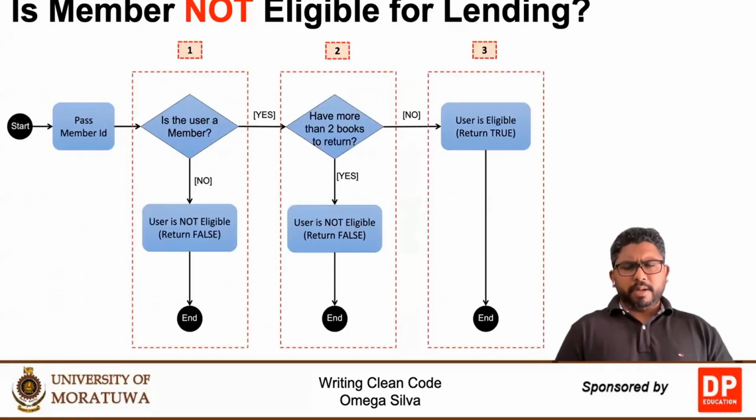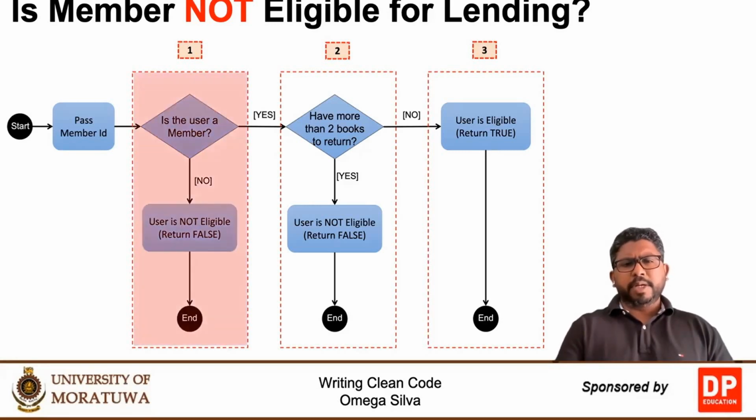Keeping all that we learned in mind, let's have a look at this flow diagram. This is the same flow diagram drawn with the intention of deciding whether the member is not eligible for lending first. The previous diagram was drawn with the intention of deciding whether the user is a member, whereas here the priority is given to deciding whether the member is not eligible for lending.